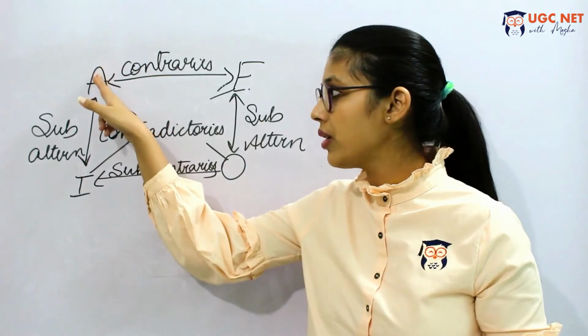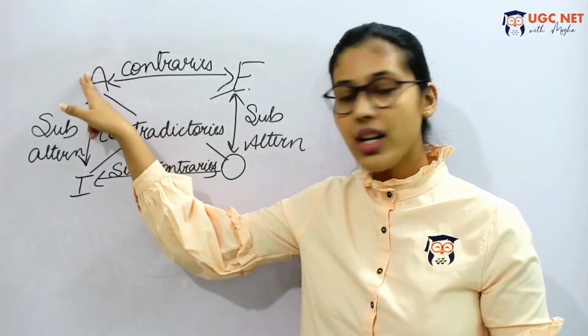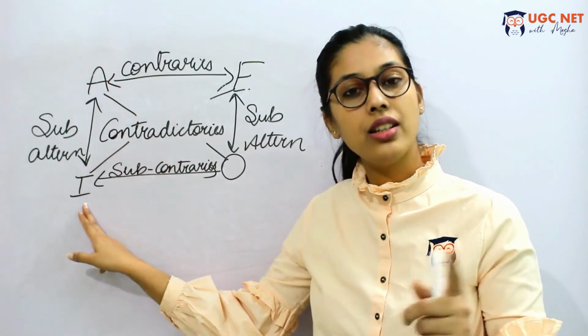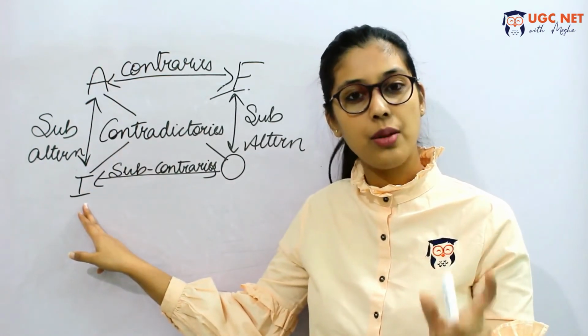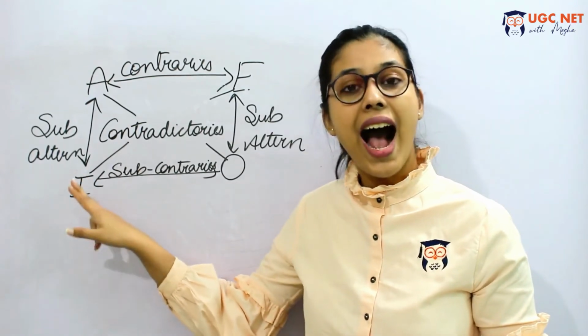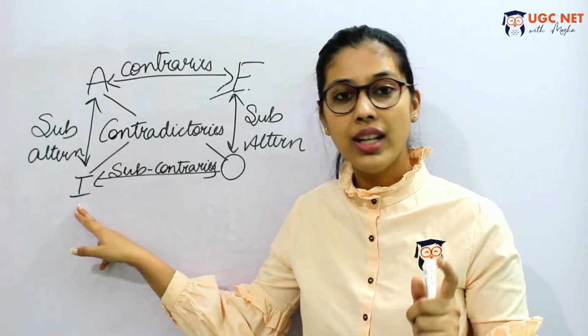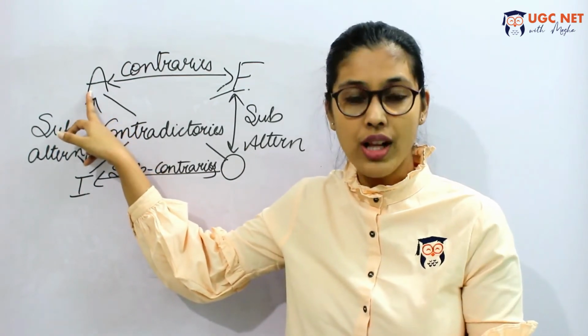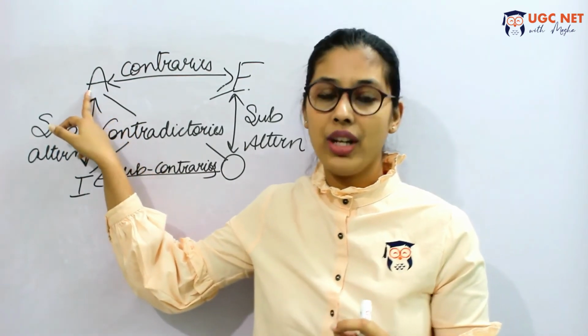That is, in vertical relationship, truthful downwards means when the upper statement is true, and we move downwards, then the downward statement, that is the I-type statement, would definitely be true. But if we say that I-type statement is true, then we cannot determine whether A-type statement would be true or false. Let's understand this with the help of an example.